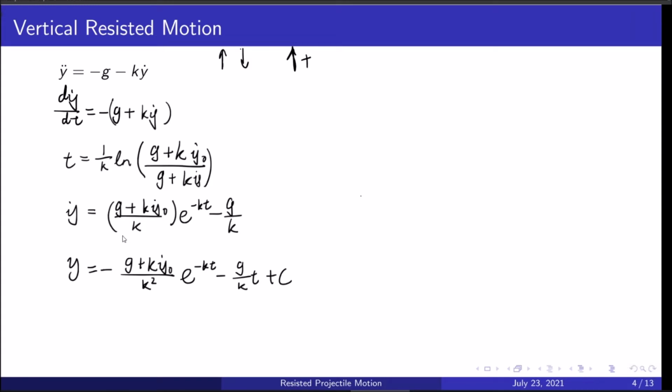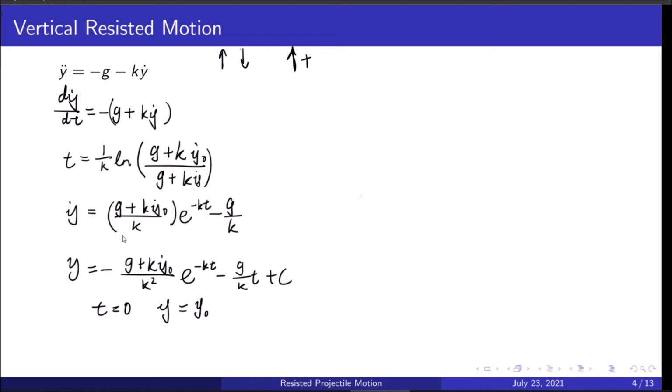Once again, we need to find out c by having t equals 0 and y equals the initial y position. Once again, y position today is often not 0, just because it's not fired from sea level, or whatever bottom level.